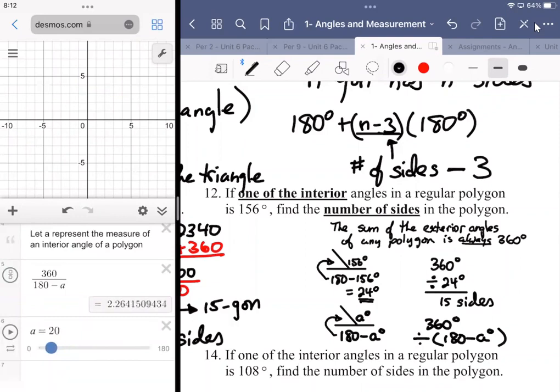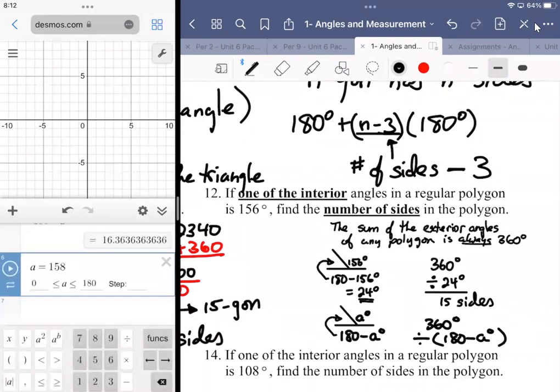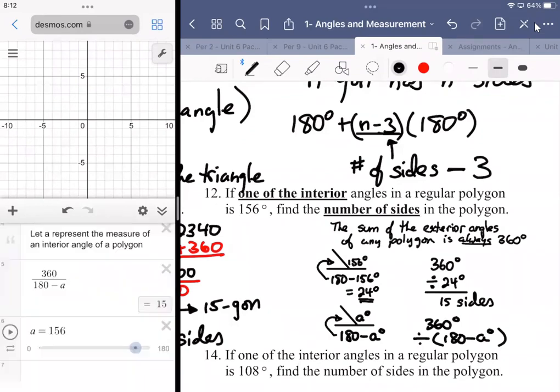But if I'm looking for the interior angle to be 156, I would just slide to 156, and it would tell me the number of sides. If you have trouble getting it to stay on 156, you just tap on it and type it in, and it'll be fine.